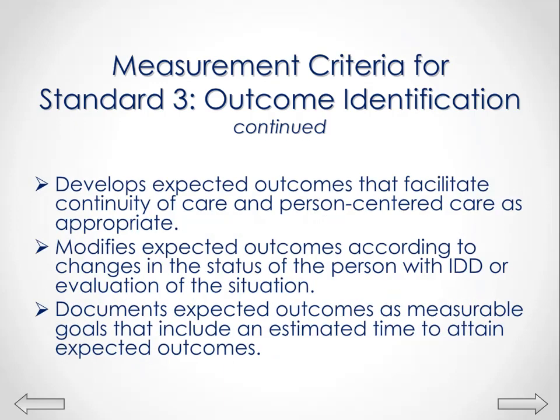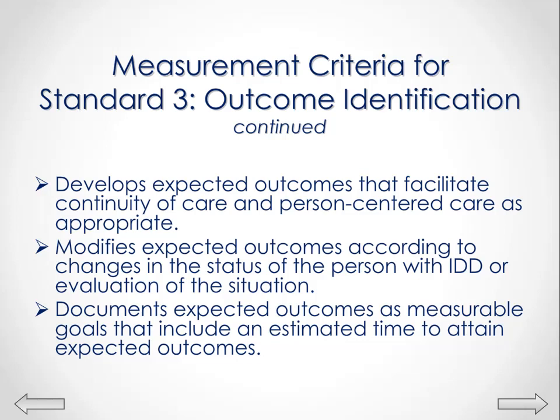The registered nurse who is competent in the development of expected outcomes helps to facilitate continuity of care in the event that another registered nurse steps in to be able to implement the health plan as articulated. As mentioned before, the registered nurse needs to continually monitor those expected outcomes to make any changes that are required, either for more intensive healthcare supports that are indicated, or sometimes because of a change in the goals of what is expected.